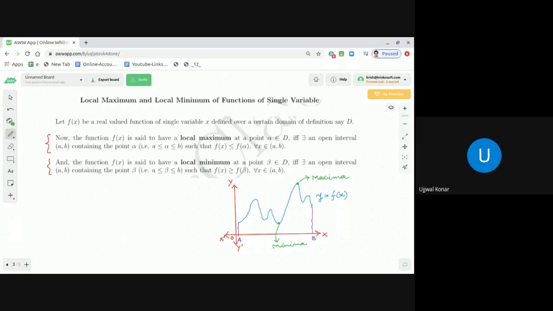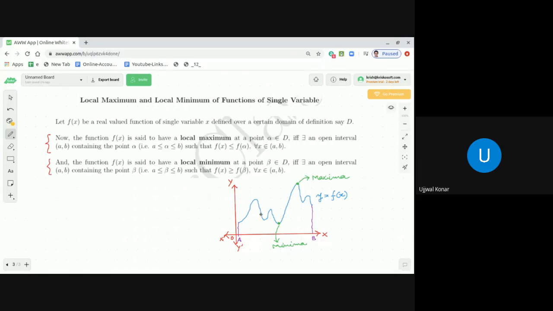Whatever I said, dear students, let me give you the visual representation. Already you are able to see the graph. Suppose we take a point, I take this point using this color.